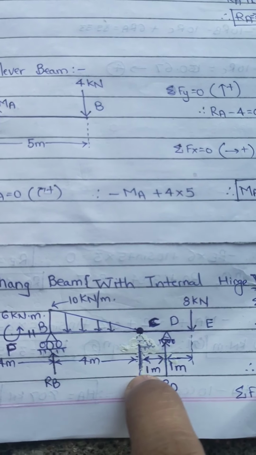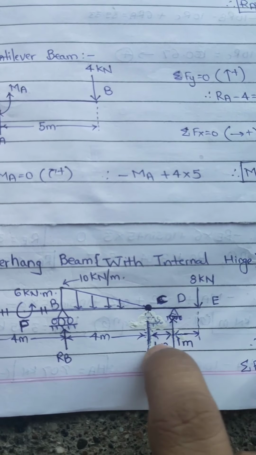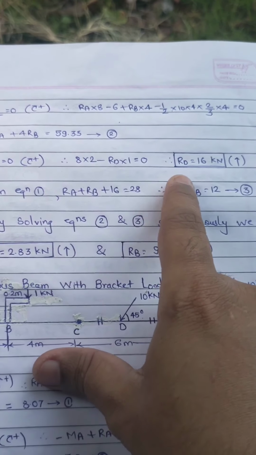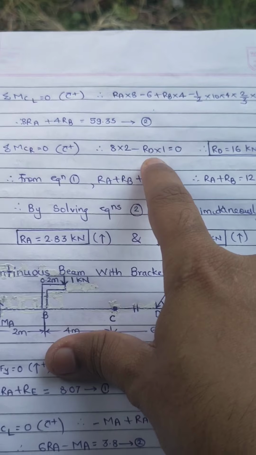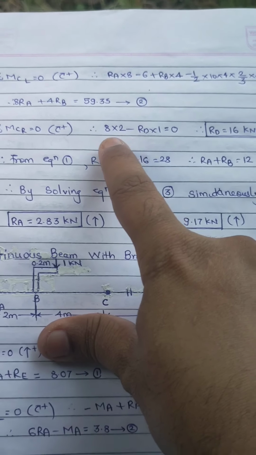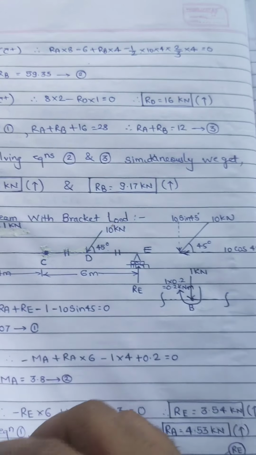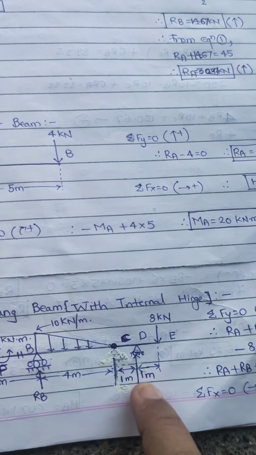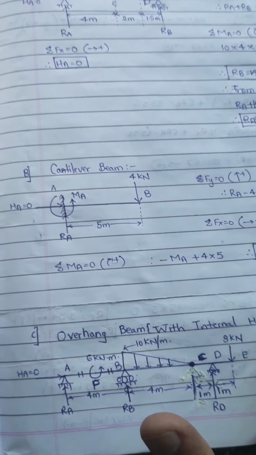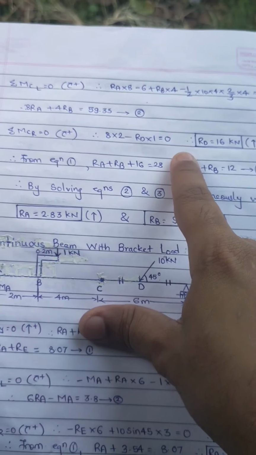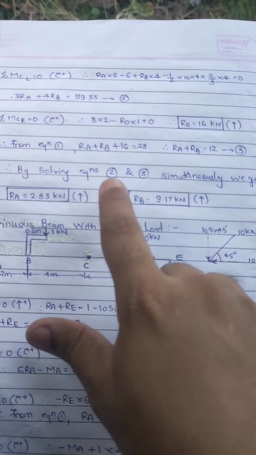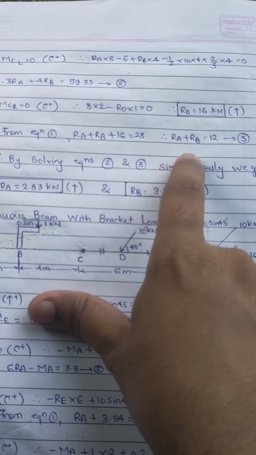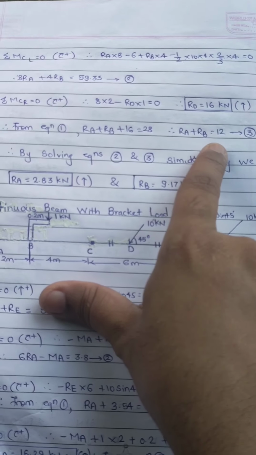Now RD is going anti-clockwise and 8 is going clockwise, so RD into 1 is minus because it is anti-clockwise, and plus 8 into 2 because it is clockwise, about C. This way I'll get the answer of my unknown RD, and when I put this value in equation number 1, I get another equation, RA plus RB equal to 12. Let's say this is my third equation.